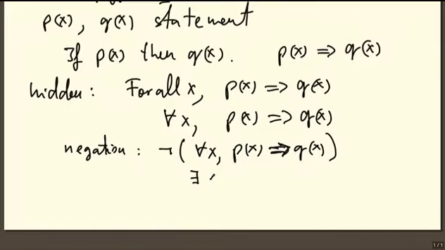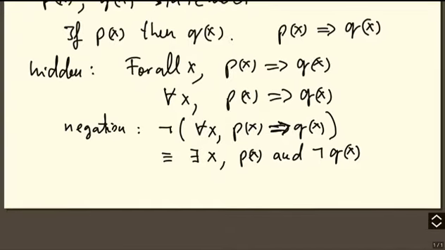So you say that there is an x such that p of x and not q of x. So this is the equivalent statement of the negation.